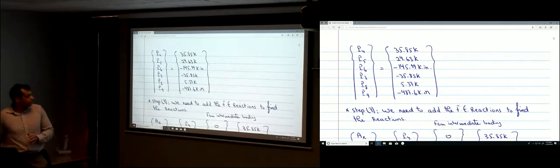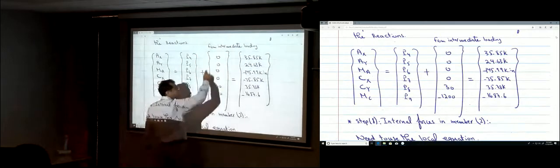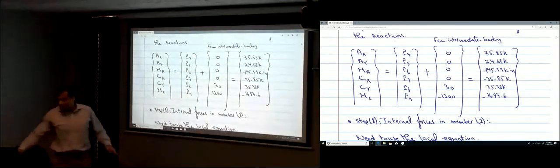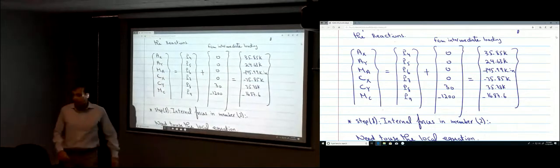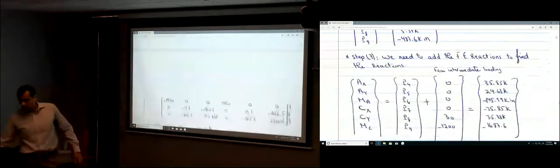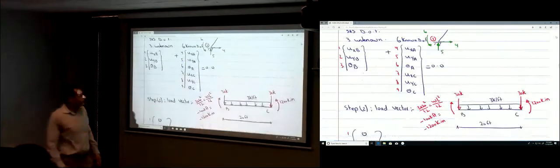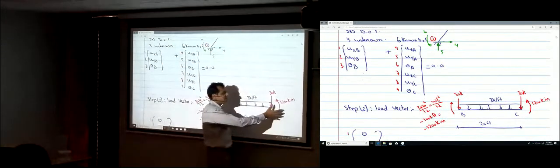Here I'm adding those from the intermediate loading, the opposite of what we had. For the intermediate loading, as you see here, only at point C there was an effect. At point C, those were the actions, so you have to add them in the opposite direction.